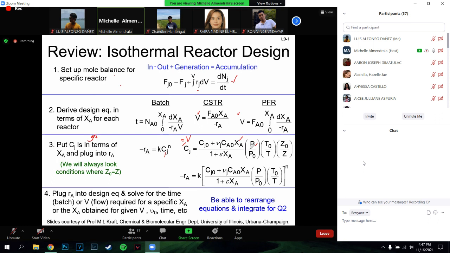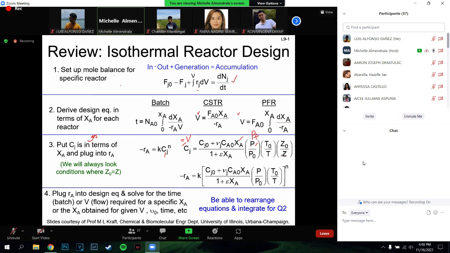C sub J. So you have to make the pressure factor correction. And this is actually based on the initial to final, so P0, V0, and then volume. Volume is inversely proportional to pressure, directly proportional to temperature, and this will be your Z, the compressibility factor.